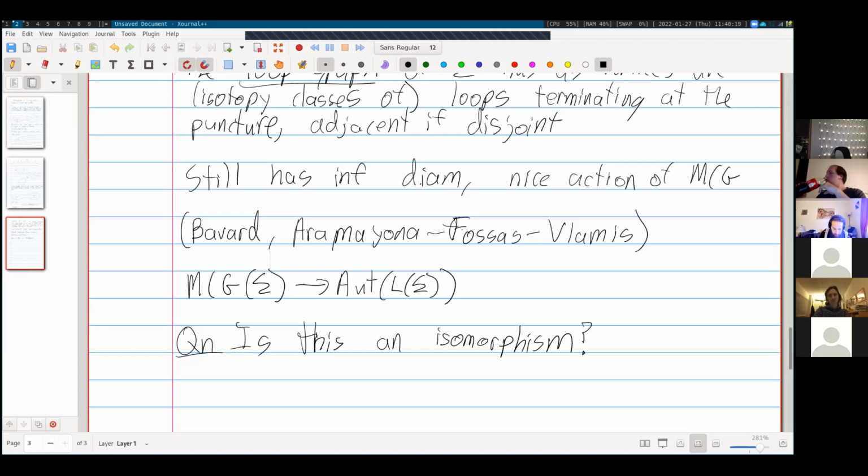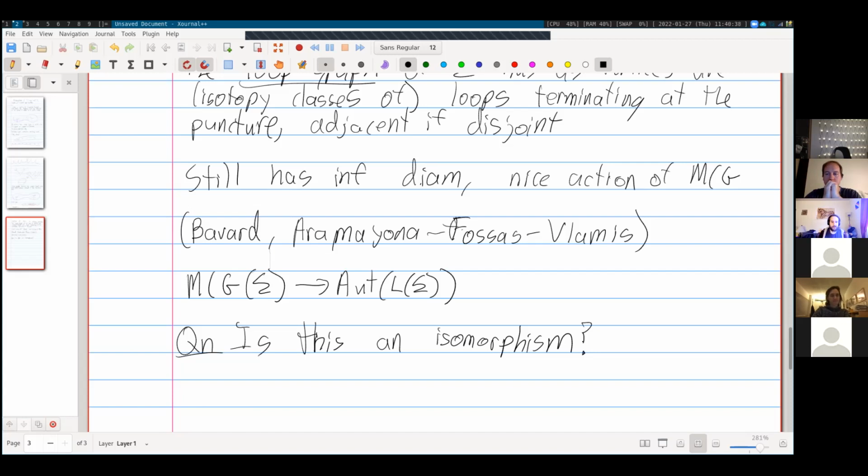I have to do one technical thing: normally when we say mapping class group, we're only counting the orientation preserving homeomorphisms, not for any good reason.